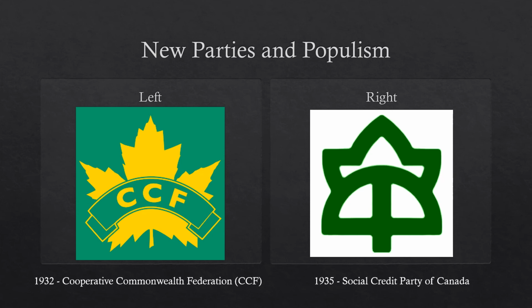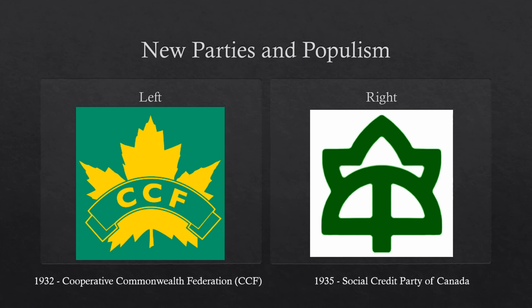The party basically continued to exist and eventually changed into the modern NDP party. On the right side of the political spectrum, we see a new political party called the Social Credit Party of Canada. It was founded in Alberta by an evangelist. The social credit policy involved issuing money, regulating prices. They were elected in Alberta in 1935 and remained in power until 1971.